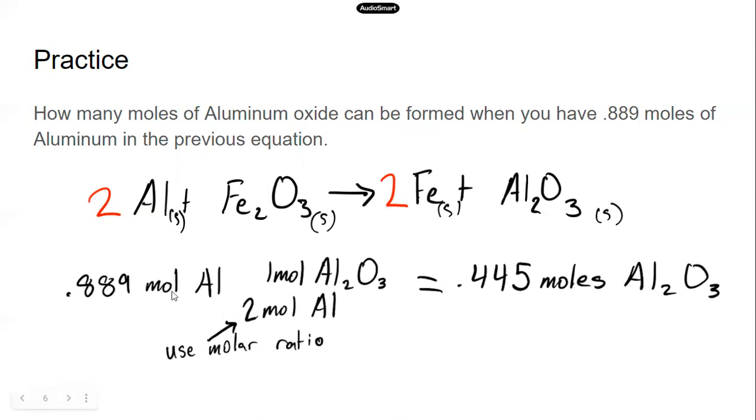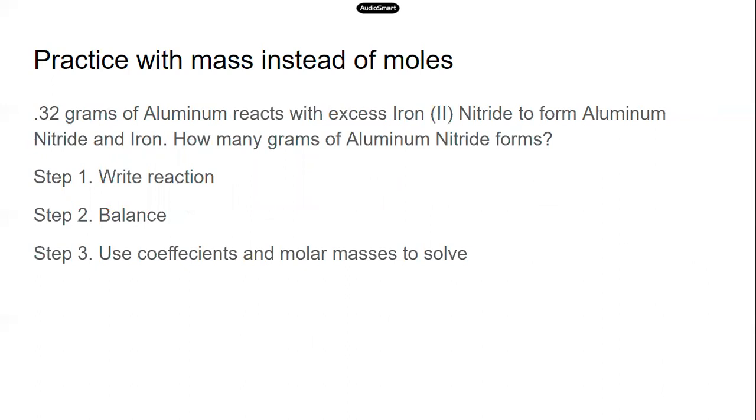These can cancel out, the moles of Al, they're all going to cancel out. And so we're just left with 0.445 moles of Al2O3. And that's stoichiometry for you.